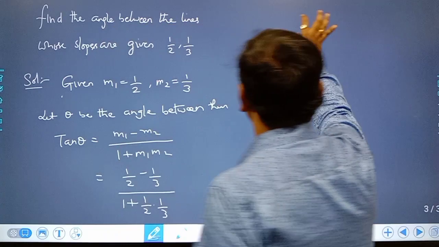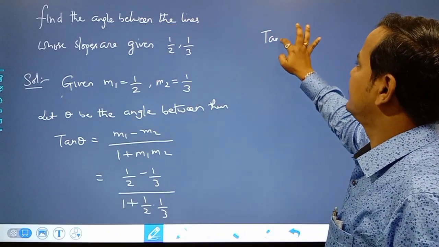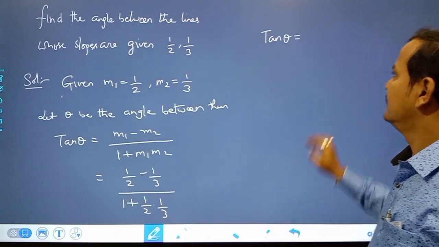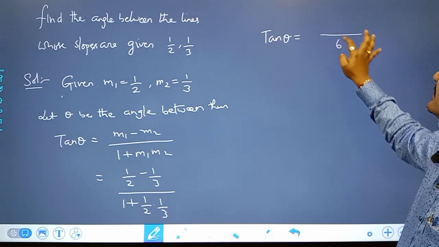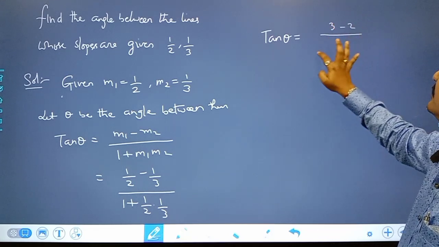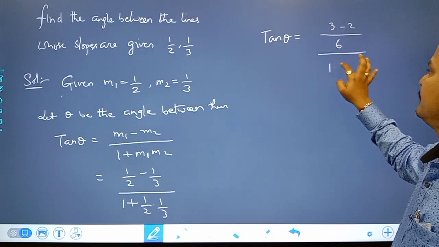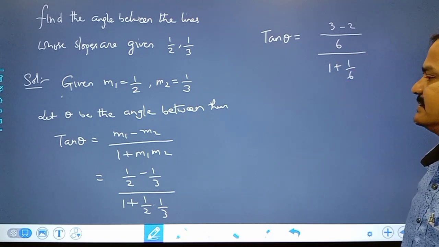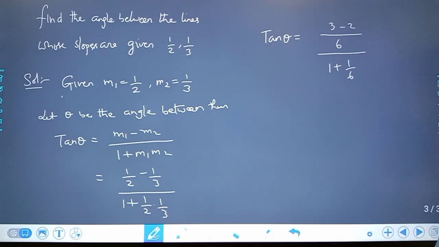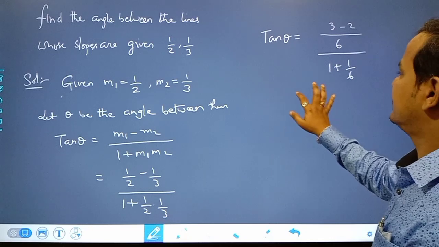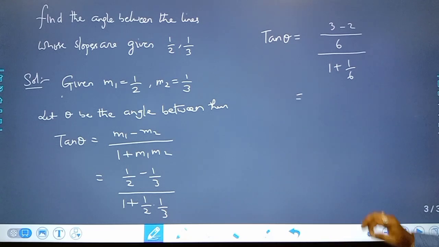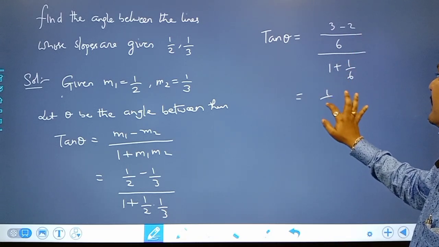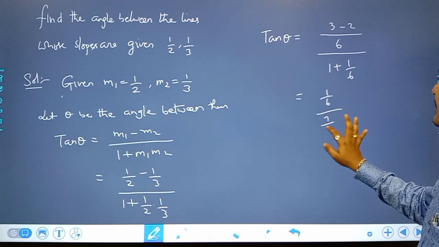So we simplify the formula. Tan theta is equal to (3 minus 2 by 6) by (1 plus 1/6). That is equal to (3 minus 2)/6, which means 1/6, by 7/6.